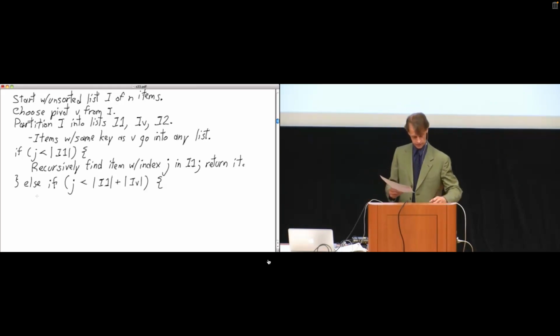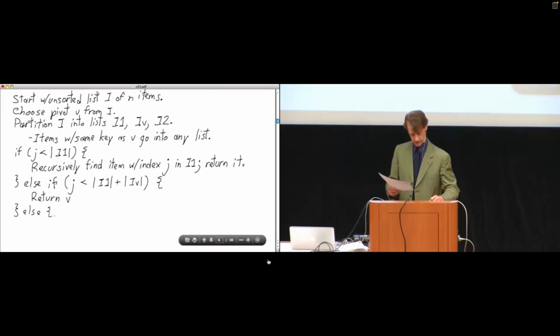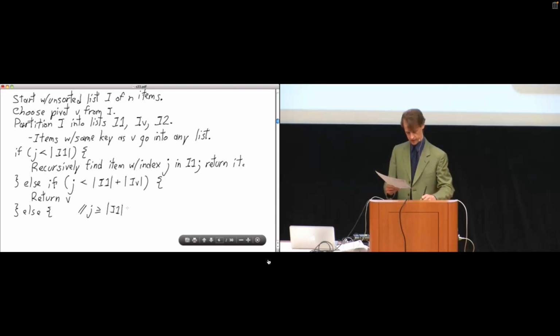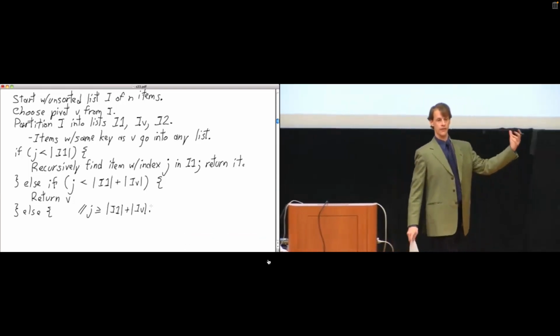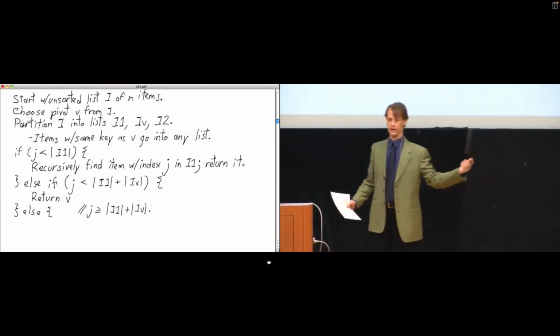So let's just return the pivot. If neither of those two cases is true, then there's a third case where j is bigger than that, and therefore the index that we're looking for has to be in the third list of keys that are greater than the pivot.